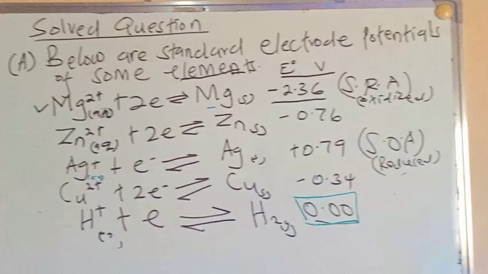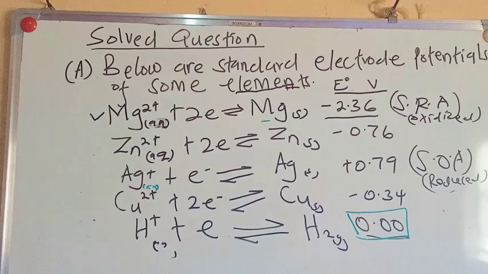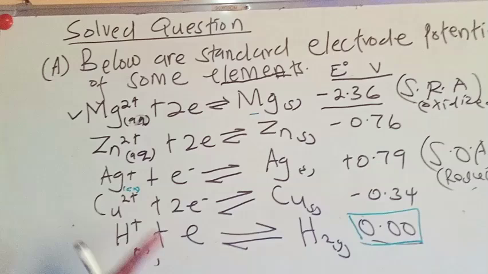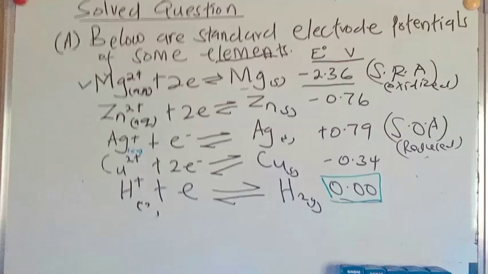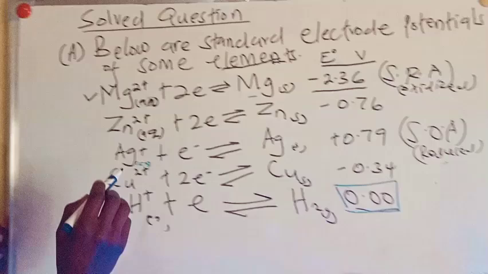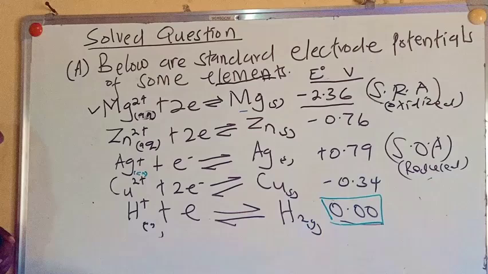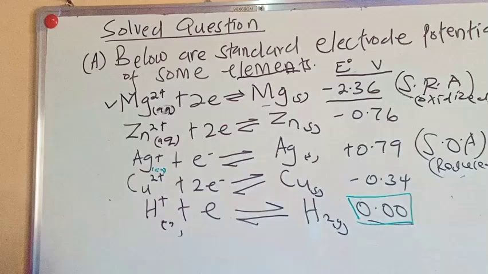Lastly, if you are told to draw an electrochemical cell which will produce the highest EMF, now you draw it. We say that negative 2.36 is the oxidized species, and positive 0.79 is the reduced species. So you want to combine silver and magnesium, but now in an electrochemical cell.